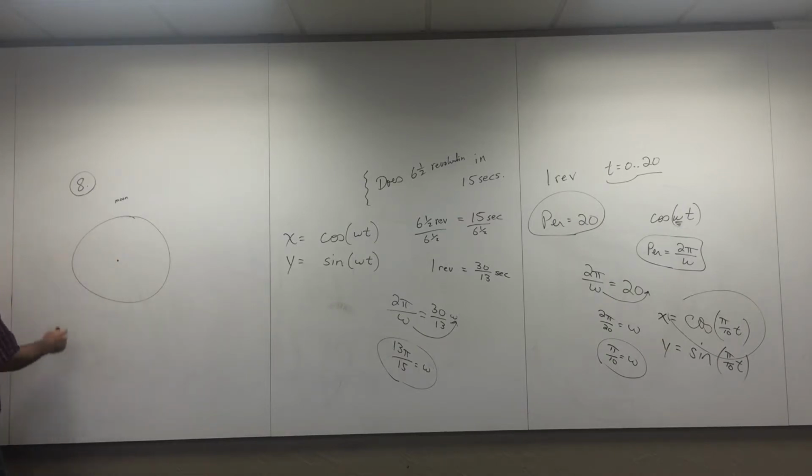Then there's a satellite orbiting the moon, and it tells me that at its lowest point above the surface of the moon, it's 110 kilometers.